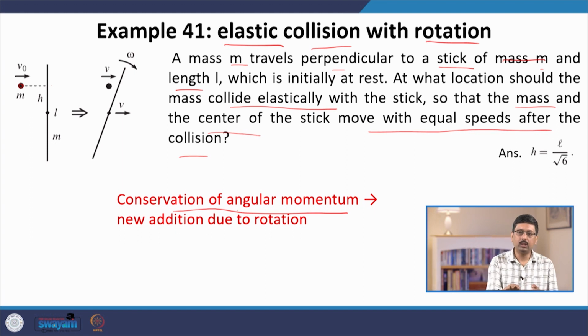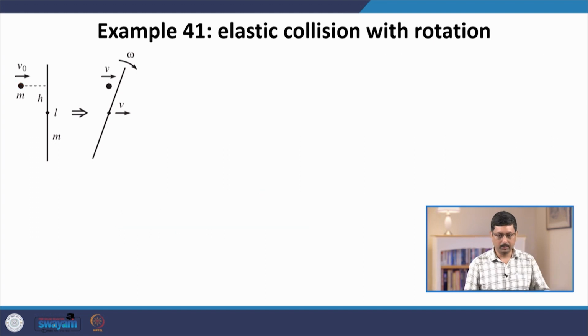The center of mass of the stick is doing translation along a straight line as shown in the figure, and the rest of the stick is rotating about the center of mass. By symmetry, the center of mass is the middle point of the stick. So, let us analyze this problem.